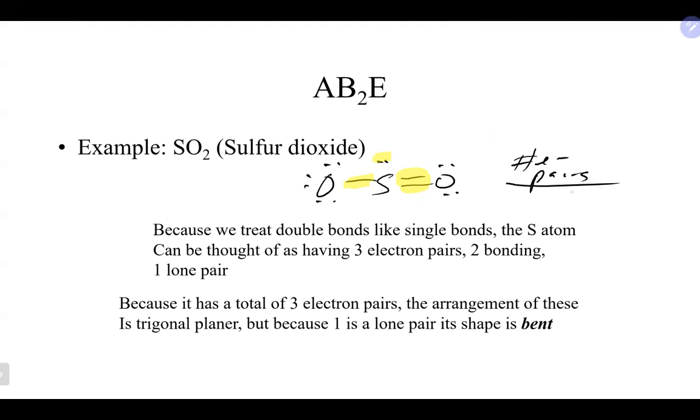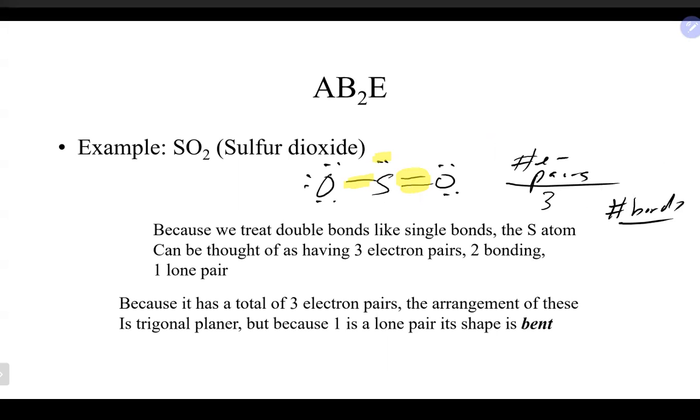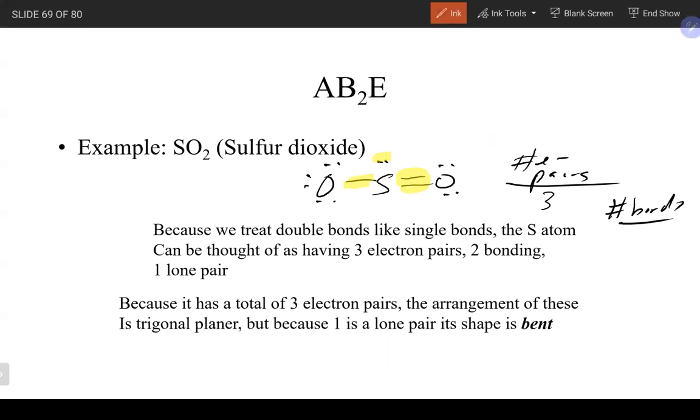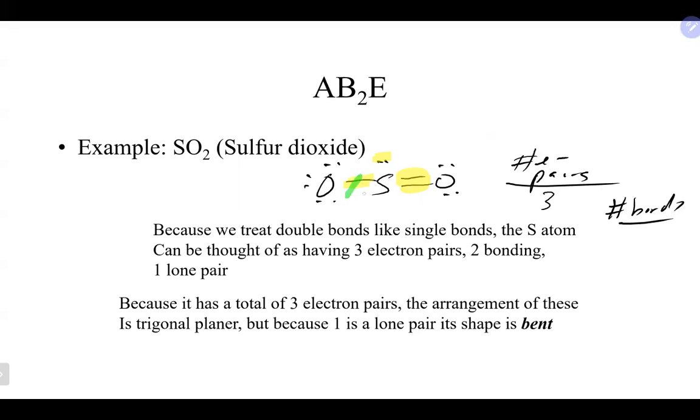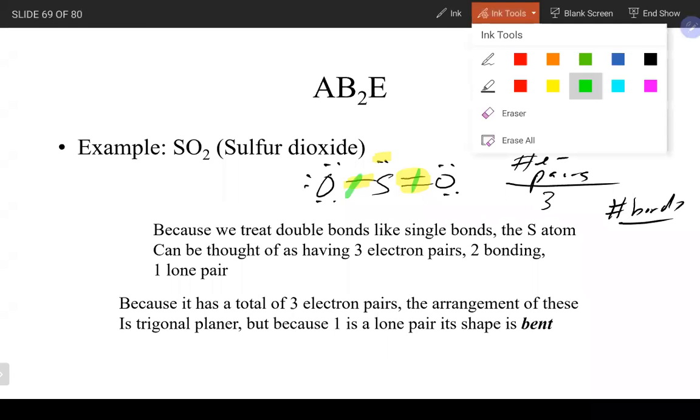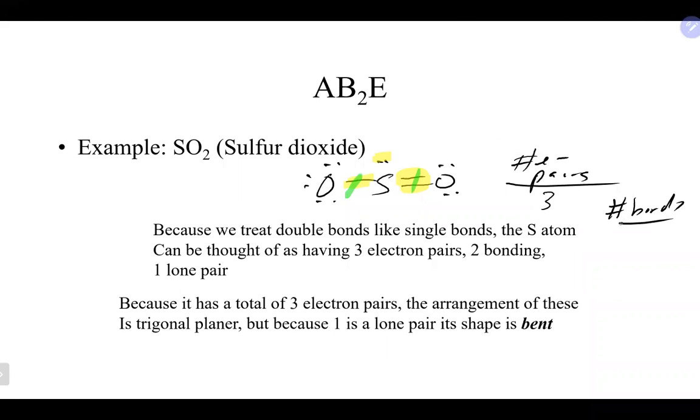The number of bonds in this case would be only 2 bonds. And once again, it would be 1 bond here. And again, the double bond would count as only 1 bond. So important when you're doing geometry, double bond, triple bond, only 1 bond and 1 electron pair.